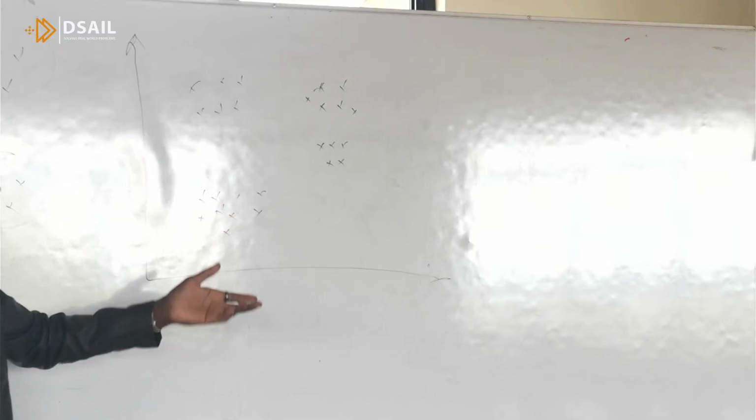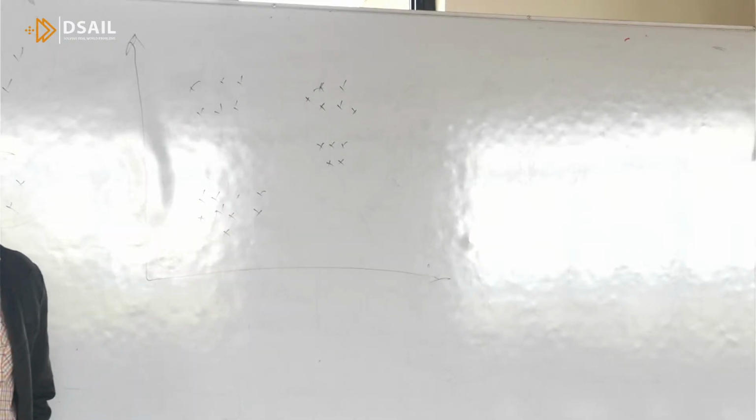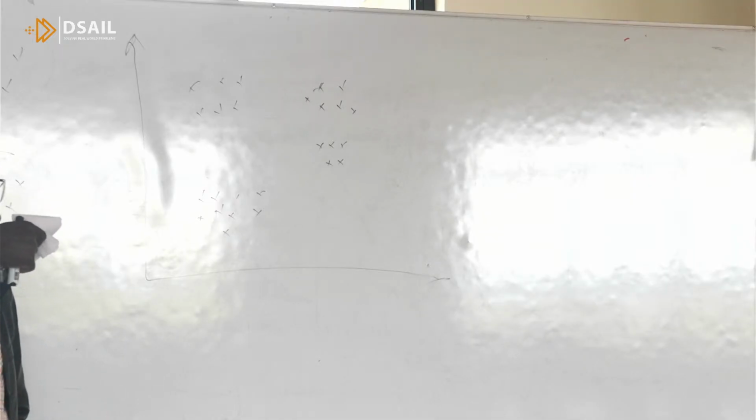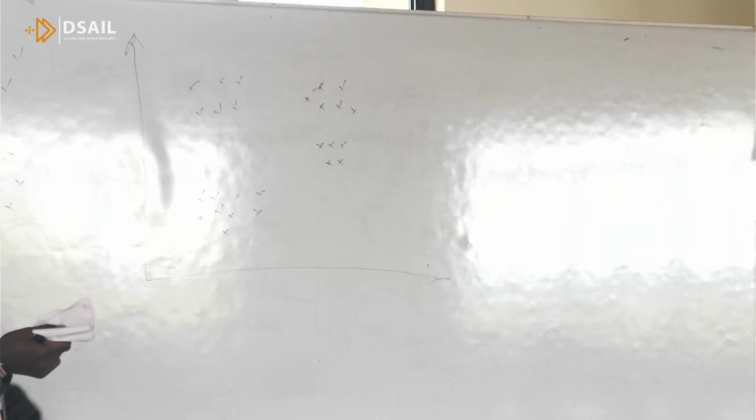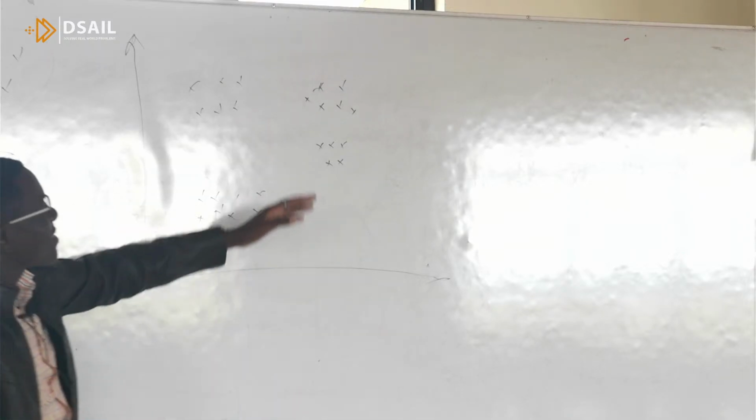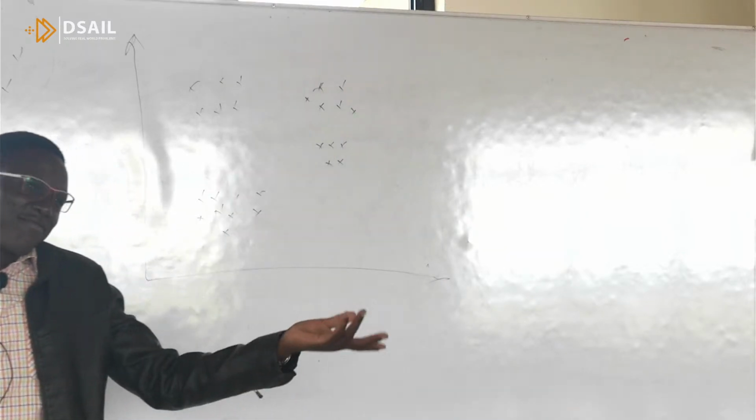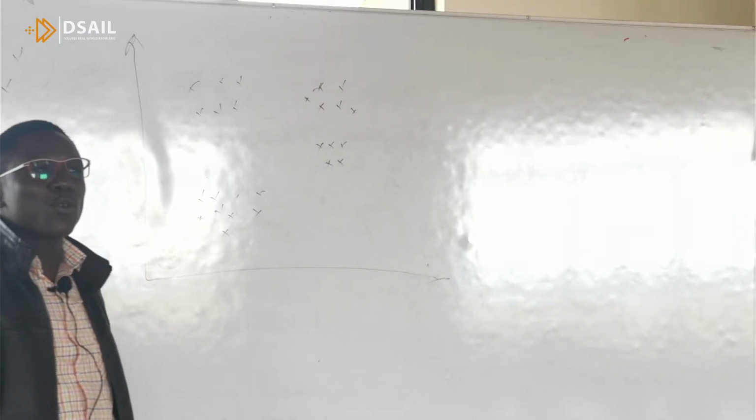From what I drew, how many classes do we have? 4. And what if I say that this is one cluster? It could be possible too.